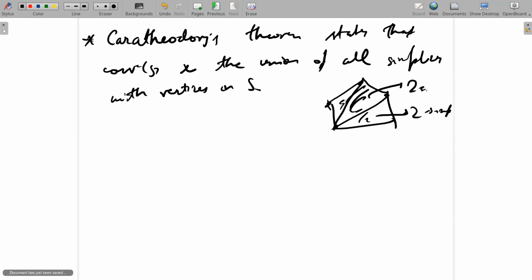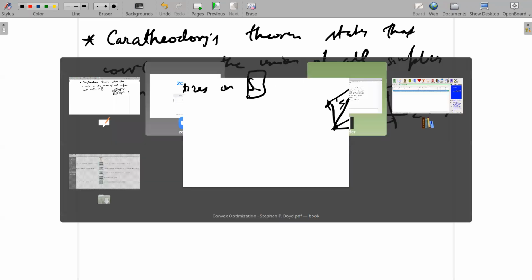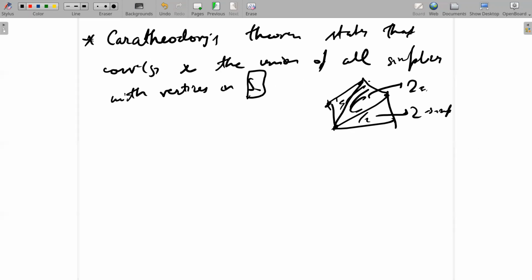Carathéodory's theorem is essentially telling you that you can represent the convex hull of S as the union of all these simplices with vertices in S. Here the vertices are these 5 points, and all these simplices consist of 3-tuples from S.